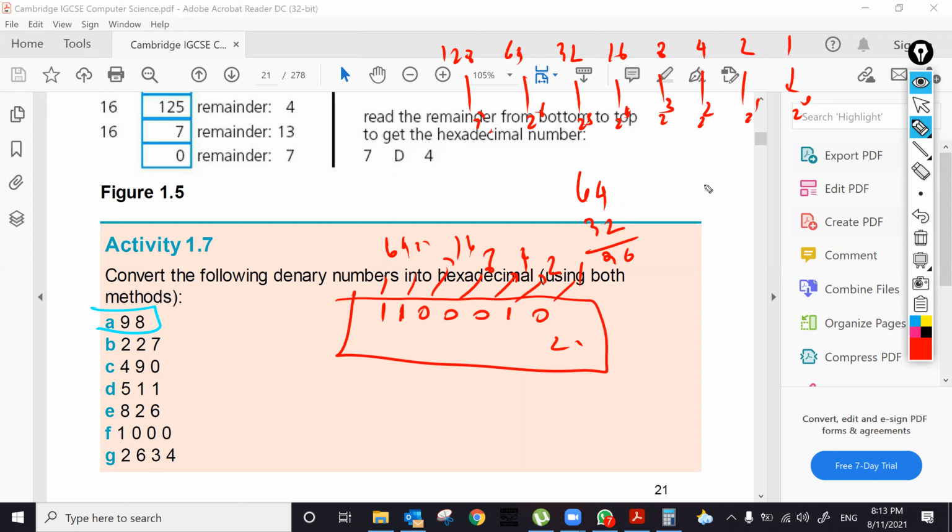So if I get 98, I know what is the maximum value I get. I can't get 128 because it's more than that. Then 64 definitely I can get. That's what I pick. 32 I can get. 64 plus 32, it's 96. Okay, now I have only 2.